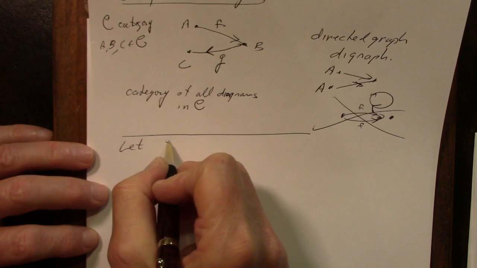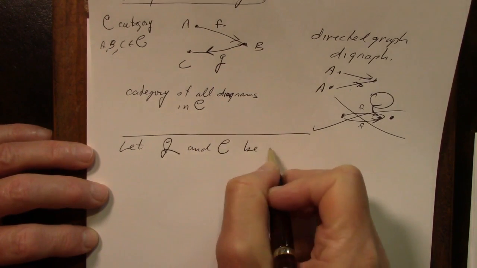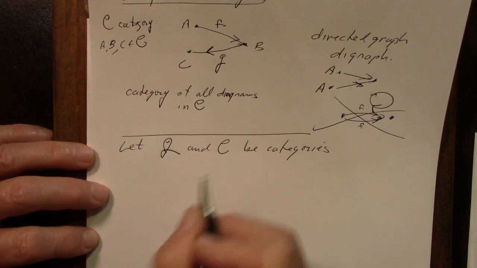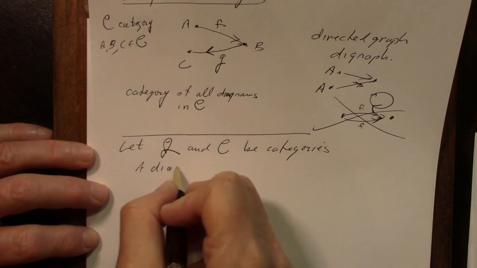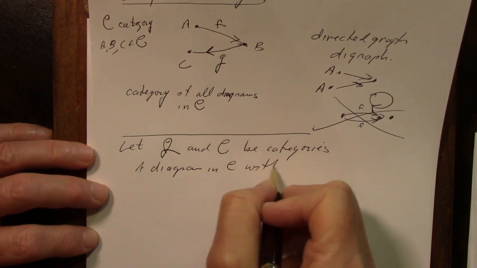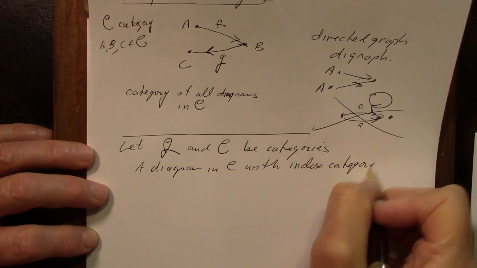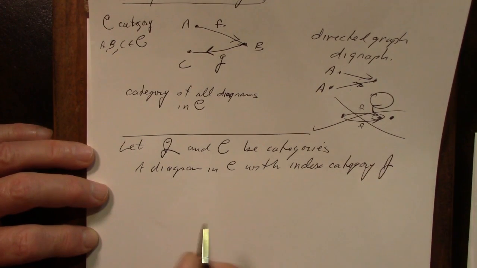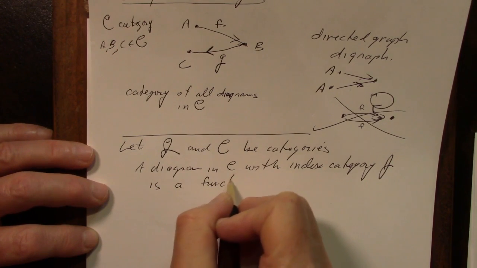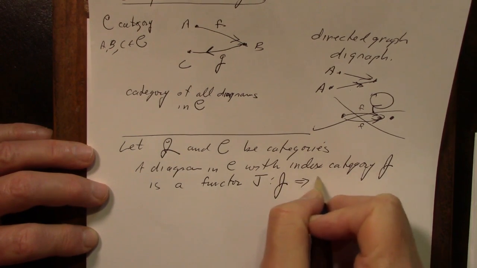Let script J and script C be categories. Okay. A diagram in C with index category J is just a functor J from script J to C.